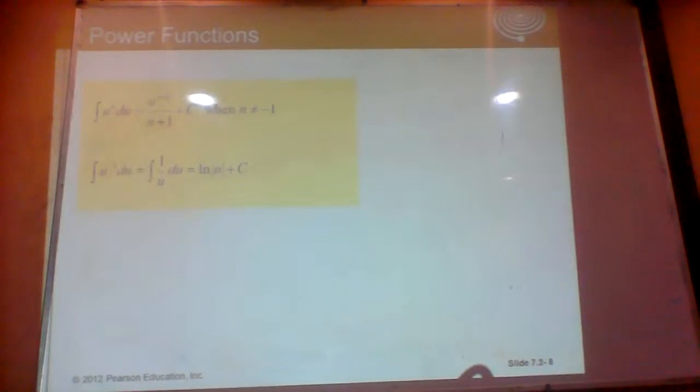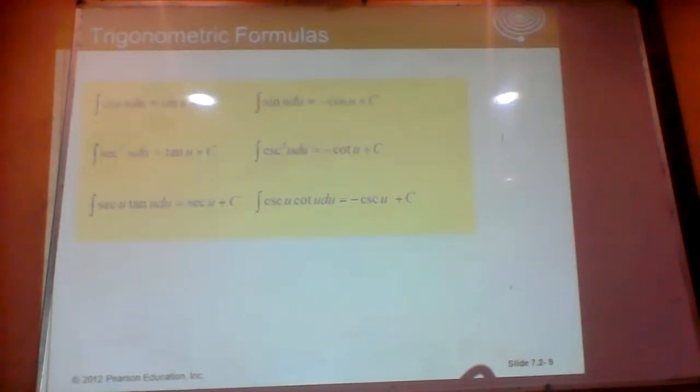And how to integrate u to the power n? It's 1 over n plus 1 times u to the power n plus 1. Integrating u to the power negative 1, which is 1 over u, gives ln absolute u, and then don't forget to add the constant. Integrate cosine is sine.